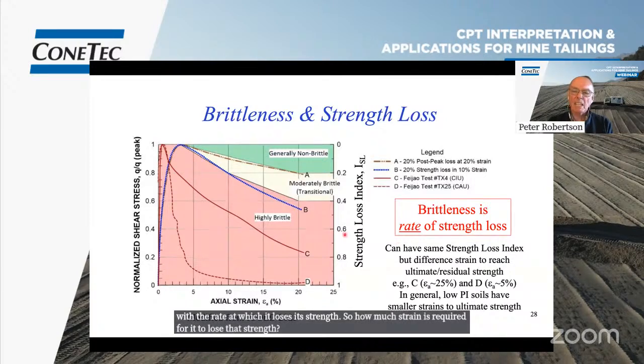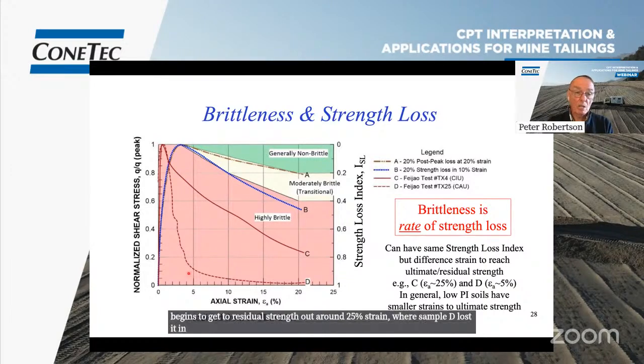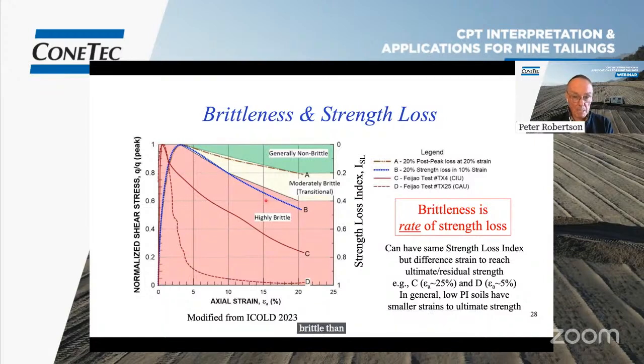And in this particular example, you can see that the stress strain curve C begins to get to residual strength out around 25% strain, where sample D lost it in 5% strain. So D is more brittle than C, as B is less brittle. So C and D have similar strength losses, but they have different brittlenesses. It's a small detail, but it's useful for us to get the terminology correct.